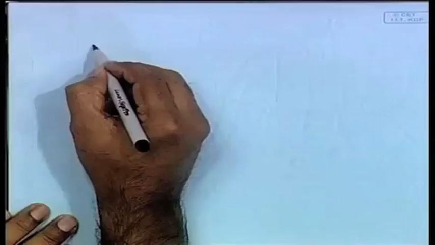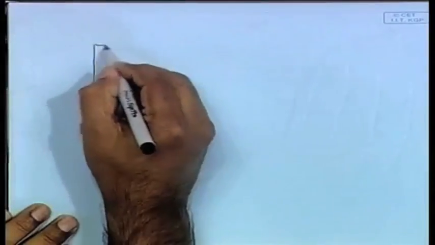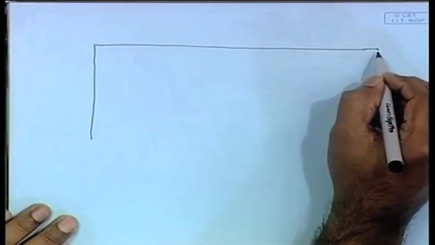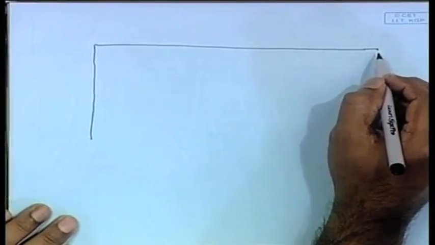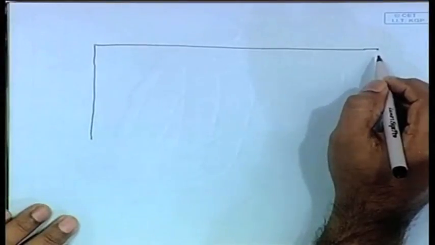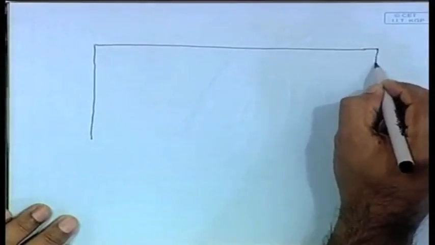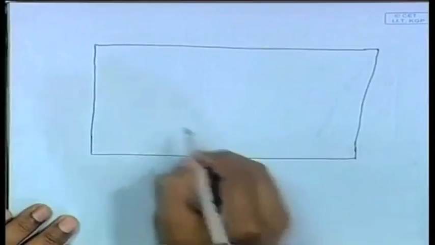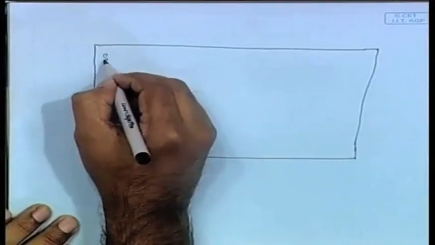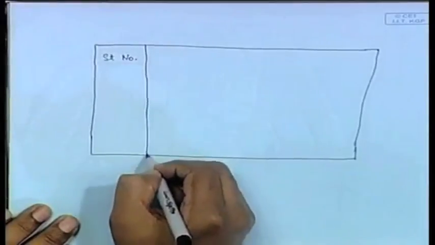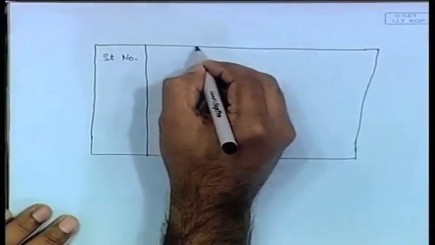Now some problem is given such that, you are told what is the station number, and you are told the trapezoid.